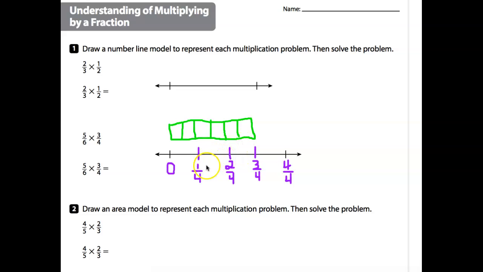Okay, so we can divide this in halves just like we did. Let's see, 1, 2, 3, 4, 5, 6, 7, 8. Okay, so the green is divided into smaller sections. Those are eighths. So this is 1/8.